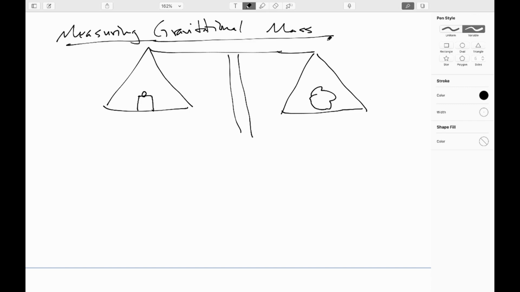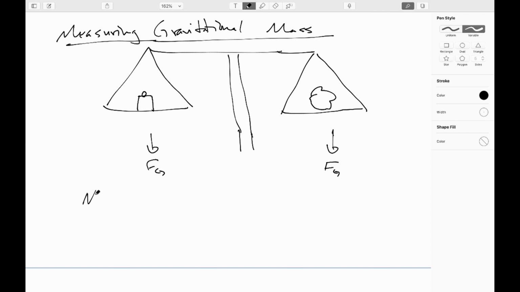Because if you think about it carefully, what we're doing here is making a comparison of the gravitational force on the known mass against the gravitational force on the unknown mass. And once we've added enough known masses to get them equal, we say that the masses are the same. But that's not measuring the same thing.